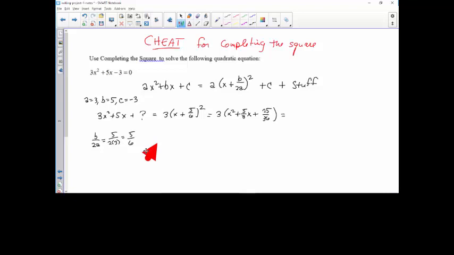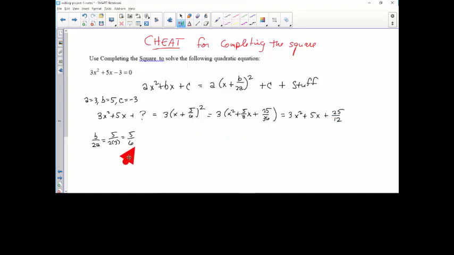Now expand this out. 3x squared plus 5x plus, and 3 goes into 36 12 times, so it's 25 over 12. So to turn the 3x squared plus 5x into something like this, where it's a nice completed square, I have to add 25 over 12.